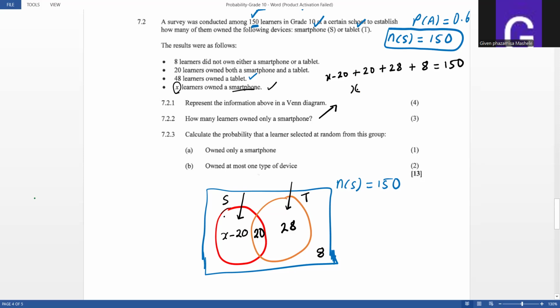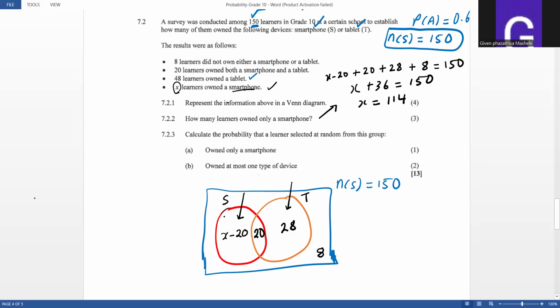So we're solving for X. Minus 20 plus 20 would be 0. Plus 28 plus 8, this would be 36. So we have to transpose 36 to the right-hand side. So it will be 150 minus 36. This will be 114. So X is 114.